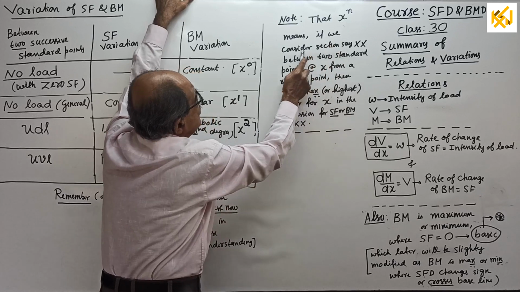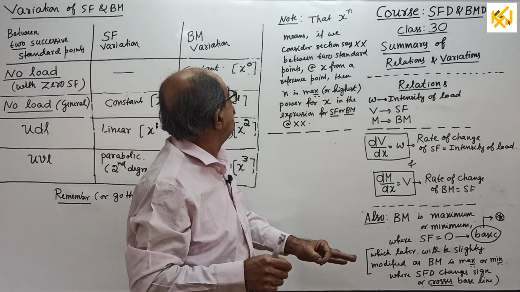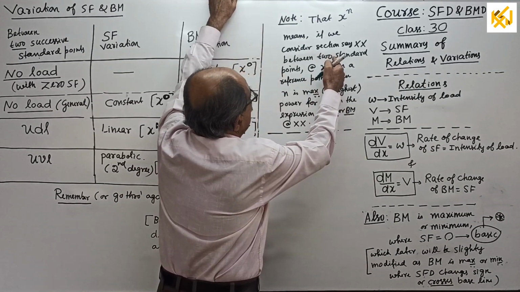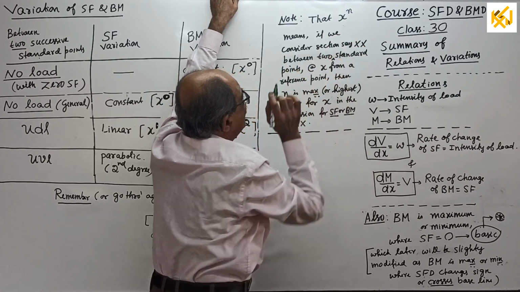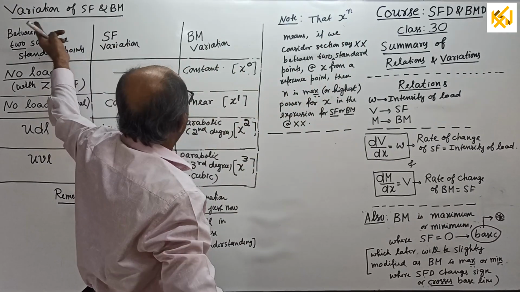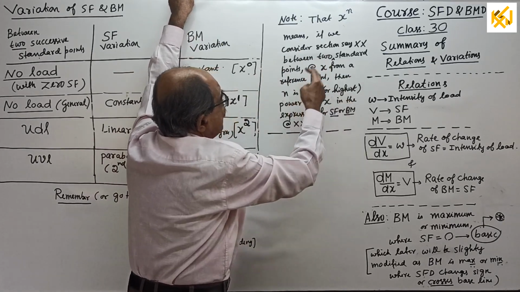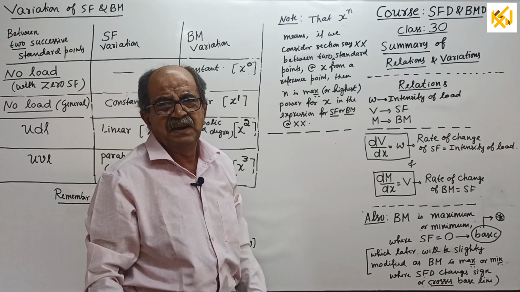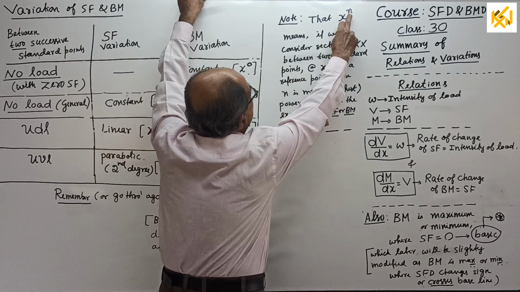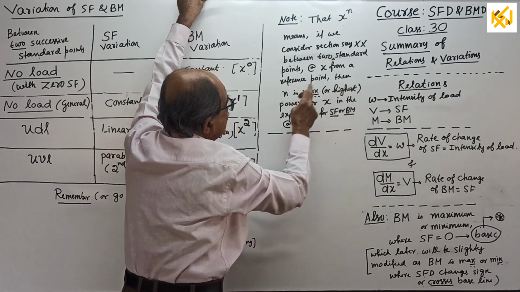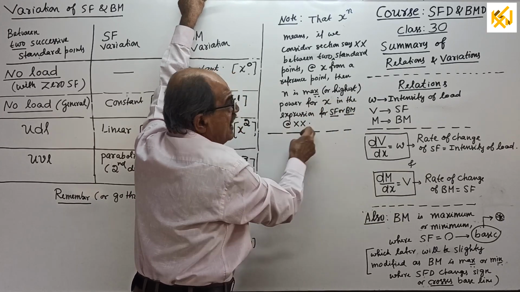If we consider a section xx between two successive standard points, at a distance x from some reference point, that is not important, then n is the maximum or highest power of x in the expression for SF or BM at xx.